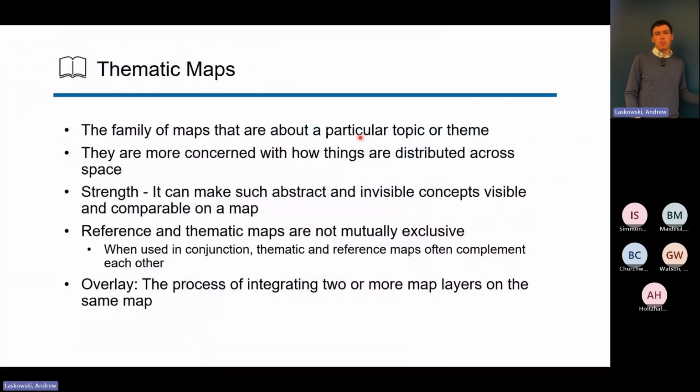So these are concerned with a particular topic or theme. They are usually more concerned with how things that fall into this topic are distributed across space. You can actually map things that might be invisible on the Earth's surface, right? You can't walk around and observe median household income.